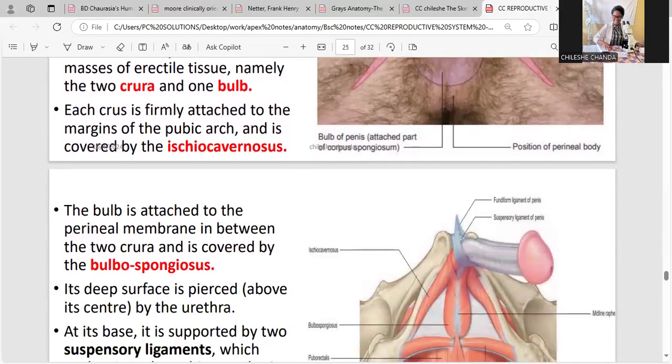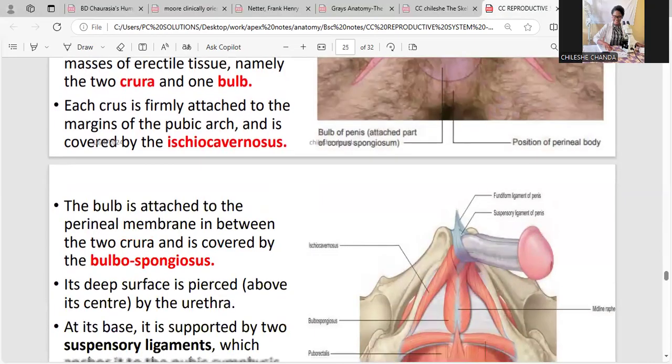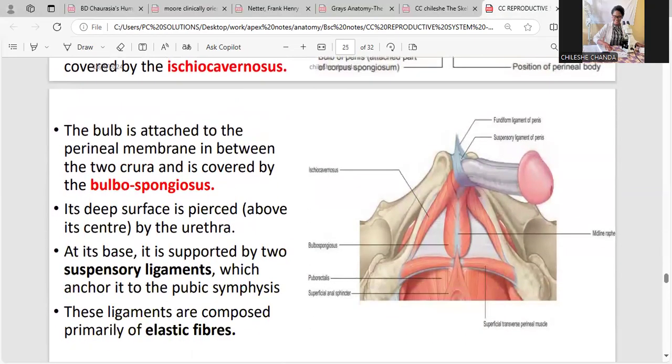The bulb is attached to the perineal membrane in between the crura. So we have here a crus and another crus, and these crura are covered by the ischiocavernosus. In the middle, we have the bulb, which is covered by the bulbospongiosus.